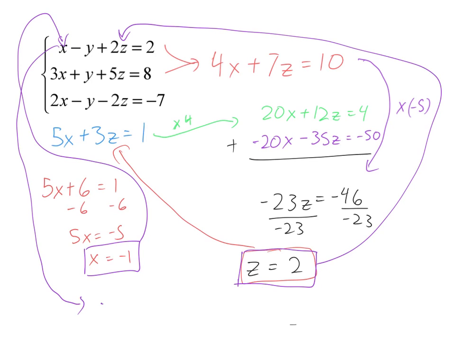X is negative 1, so I'm going to go negative 1 minus y plus 2 times 2, which is 4, equals 2. Combine like terms, you get negative y plus 3 equals 2. Subtract 3 to both sides, you end up getting negative y equals negative 1, so y equals 1.